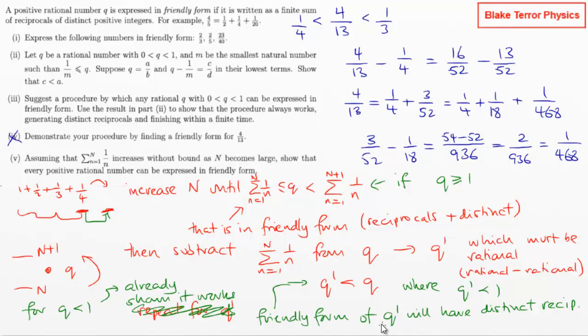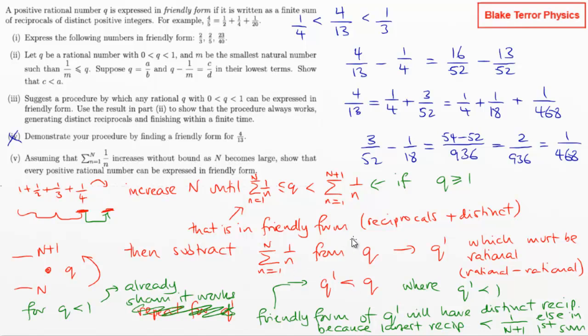The largest reciprocal must be less than 1 over n plus 1. Otherwise, we would have added it onto the first sum. Okay, you might want to put that into more of a sentence.